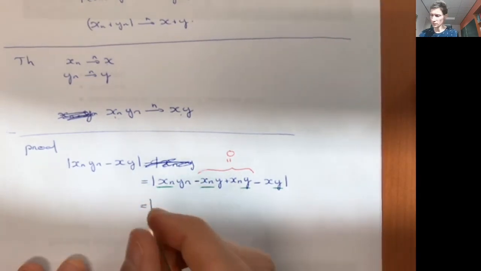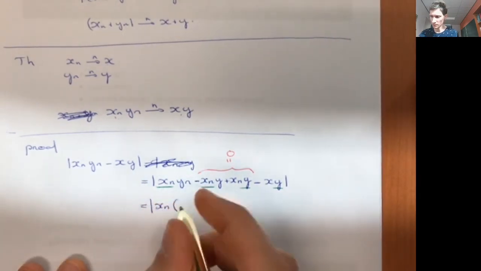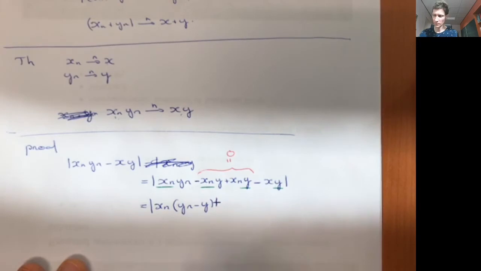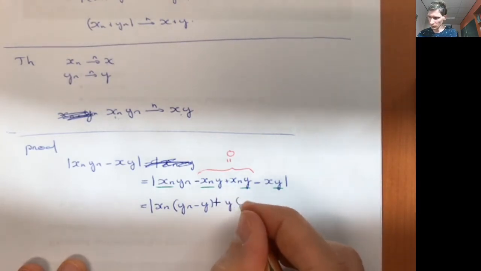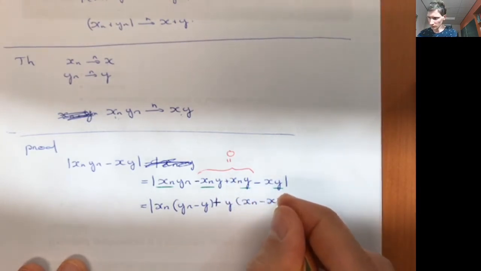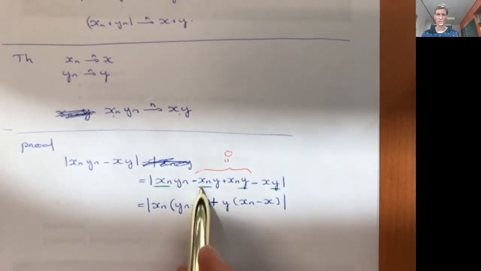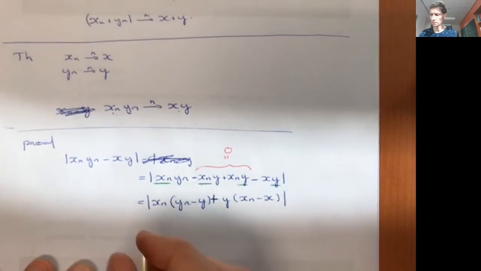Then this is equal to the absolute value of xn times yn minus y, plus y times xn minus x. This is just rewriting the sum.